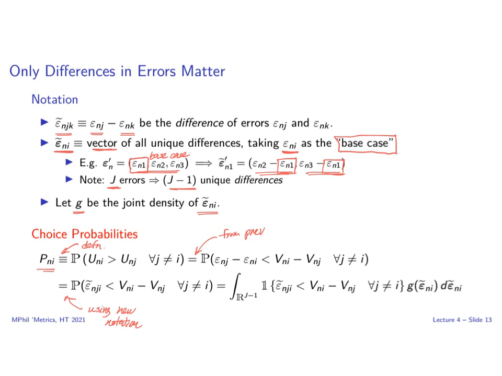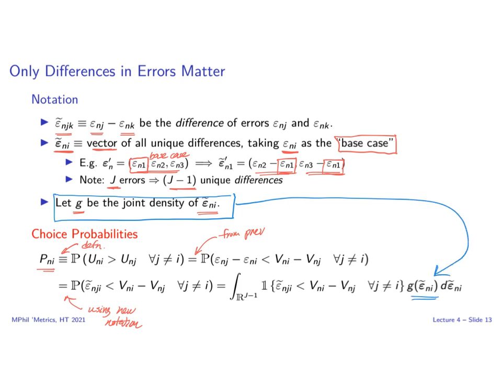So the choice probability is equivalent to the probability that epsilon tilde_nji is less than V_ni minus V_nj for any j not equal to i. And this probability can be calculated from the following integral, where we integrate against the density of these error differences.